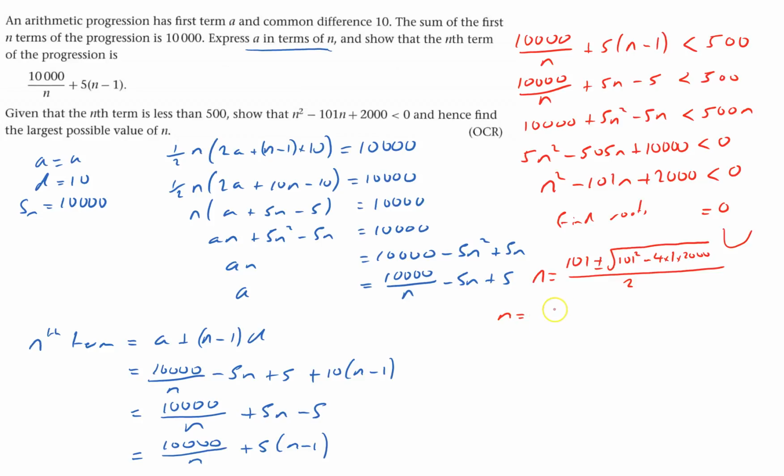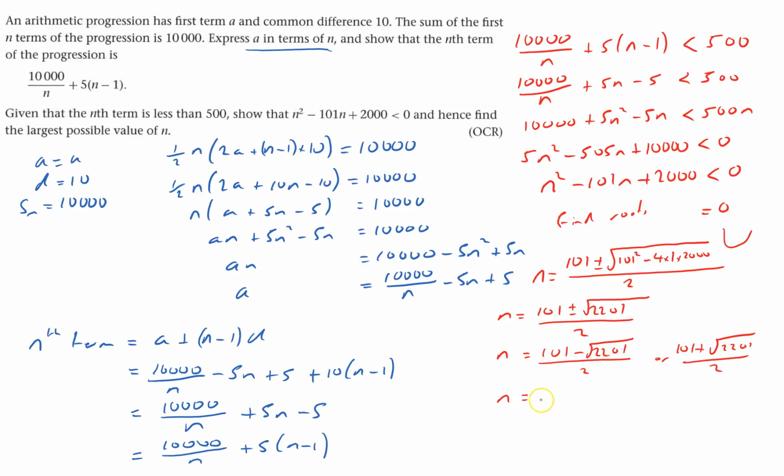So n equals 101 plus or minus the square root of 2201, all over 2.